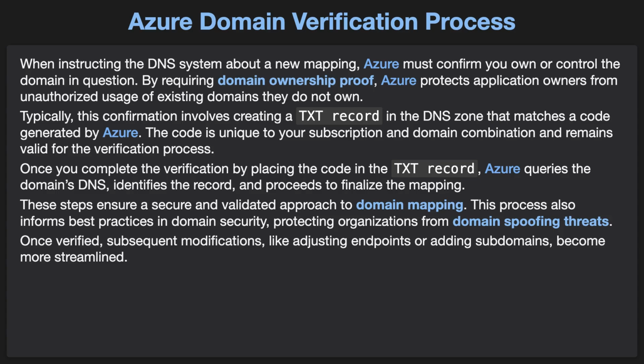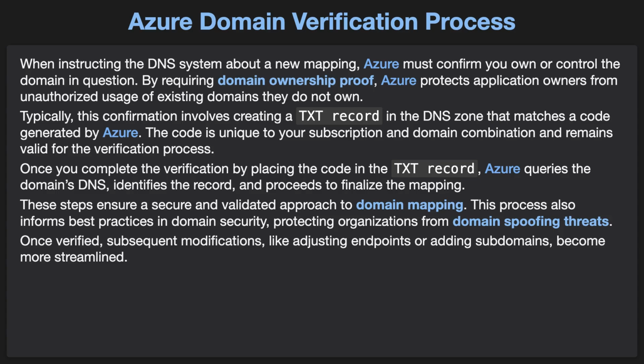By requiring domain ownership proof, Azure protects application owners from unauthorized usage of existing domains they do not own. Typically, this confirmation involves creating a TXT record in the DNS zone that matches a code generated by Azure. The code is unique to your subscription and domain combination and remains valid for the verification process.